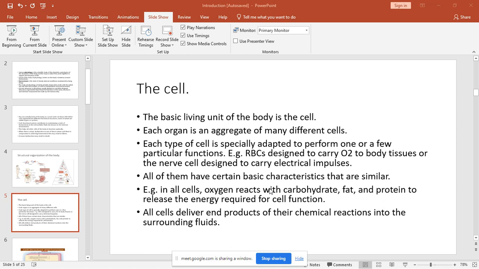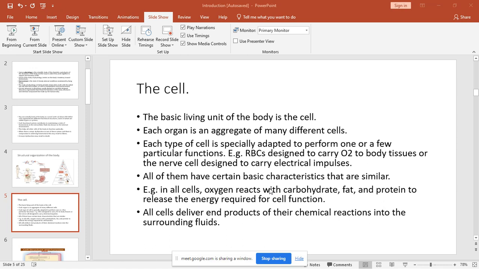So apart from each of these cells having these special attributes, they do have some things in common. And what are those? Each of these special cells will have the ability to cause a reaction between oxygen and carbohydrate, basically, in the glycolysis or the Krebs cycle to generate energy.